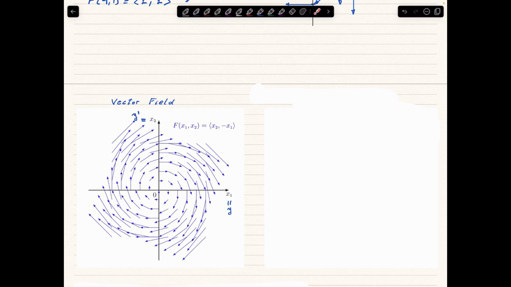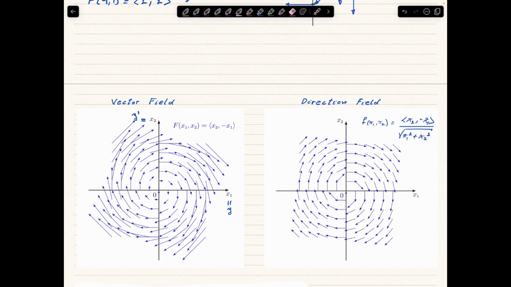Notice that the vector field is getting bigger the farther away we get from the origin, and smaller the closer we get. So if we normalize the magnitude of the vectors to 1 everywhere, we have a more clear way of seeing what is happening. It's a rotation here. And what we are plotting here is the original vector field divided by its own magnitude.